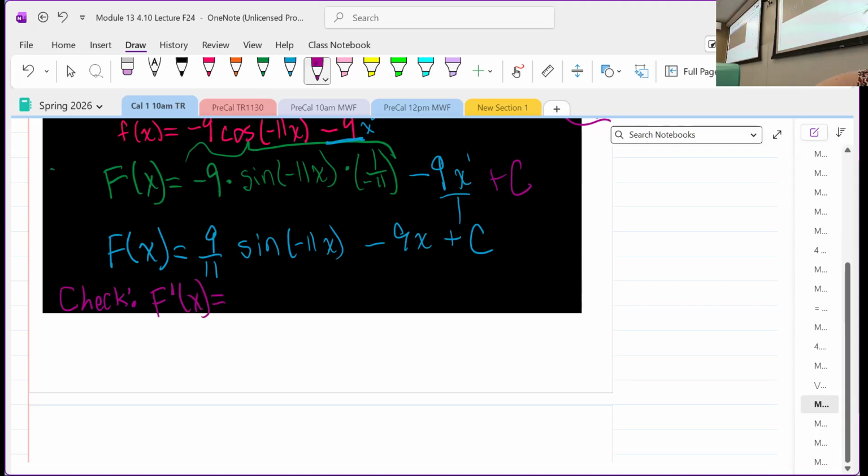So now we're going to check it by doing our derivative. So the 9/11ths is a constant in front. So that's just going to carry through. So 9/11ths times derivative of sine is cosine of negative 11x times our chain rule is times negative 11.